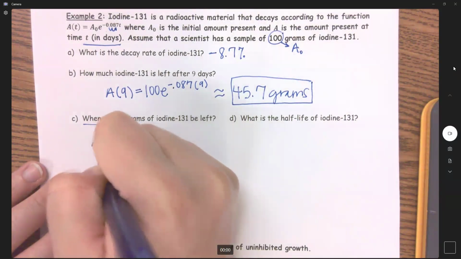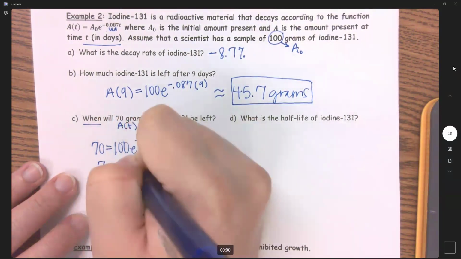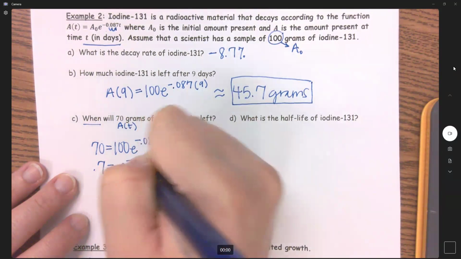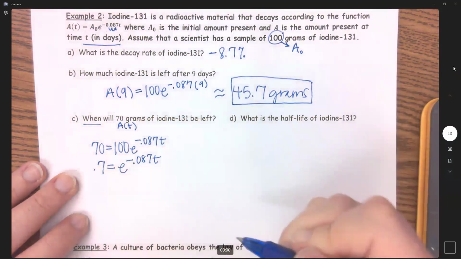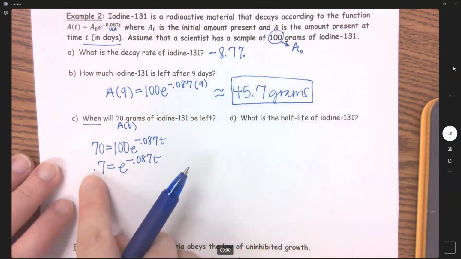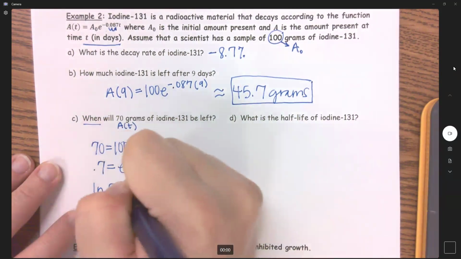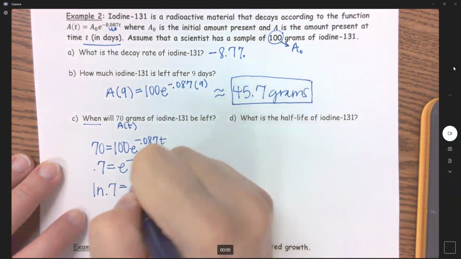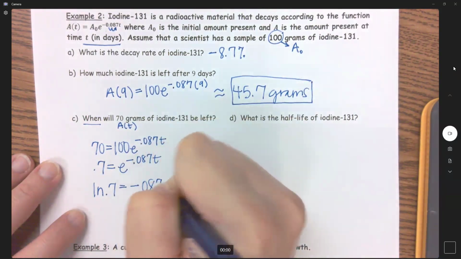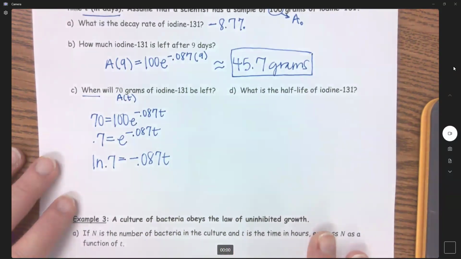So 0.7 equals e to the negative 0.087t, and I'll rewrite it. Base to the other side of the equals, it gives me the natural log of 0.7 equals the exponent. And then last step is to divide that over.